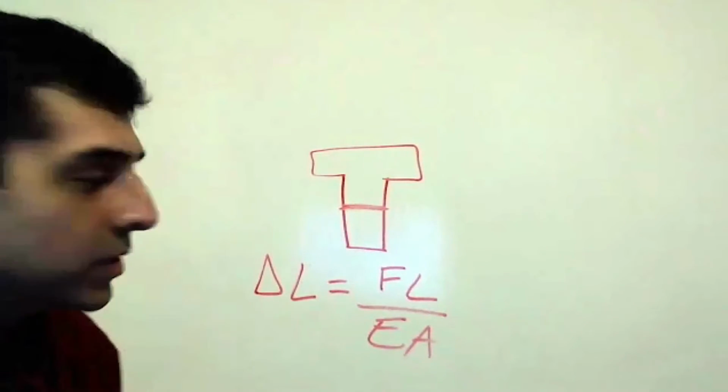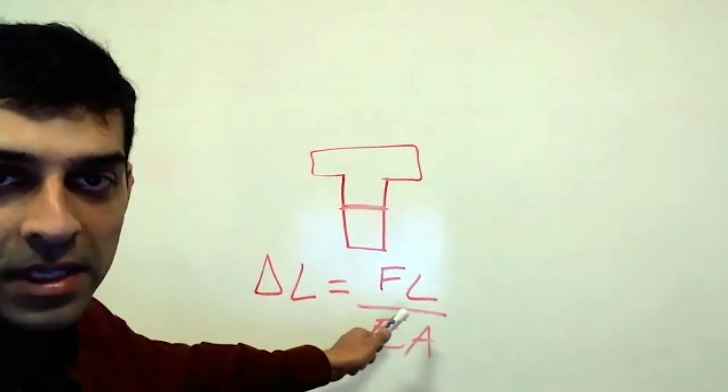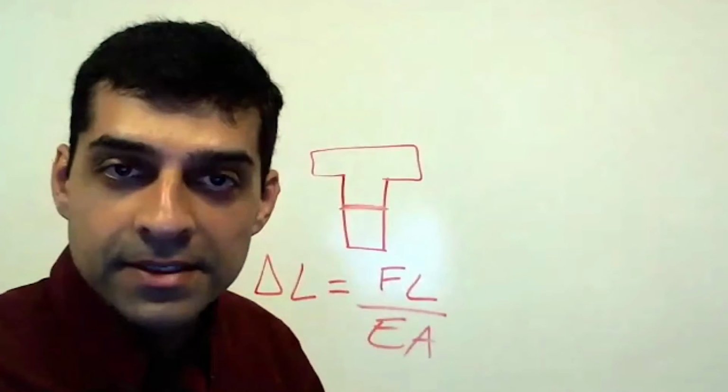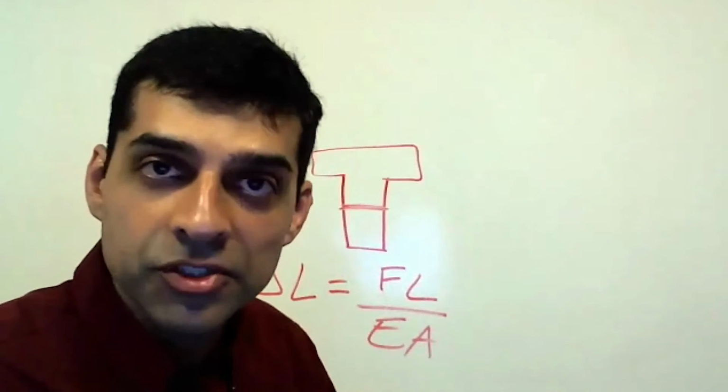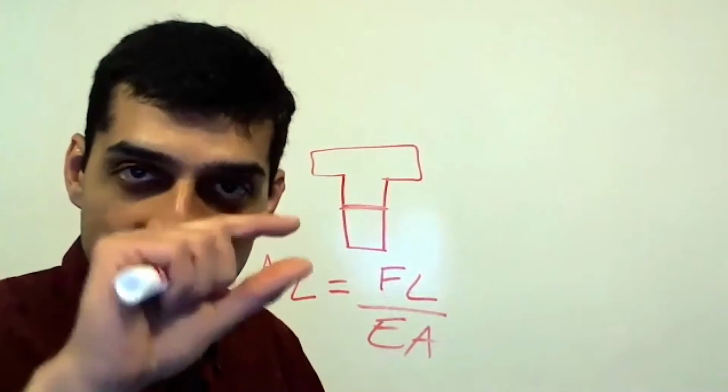What that's stating is that F is the preload of the bolt, L is the length of the bolt that's preloaded, E is the elastic modulus of the bolt, and A is the area of the bolt. The delta L is how much material ANSYS removes from the bolt to model the clamping to get that force. And what is the L you use in that calculation?